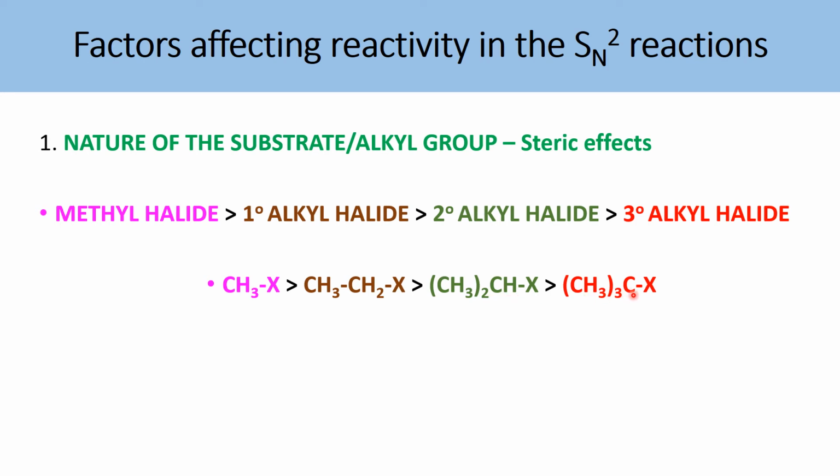In the case of tertiary alkyl halide, the carbon bearing the halide is attached to 3 methyl groups. So the steric effect is more in the case of tertiary alkyl halide, somewhat lesser in secondary alkyl halide, and least in methyl halide.